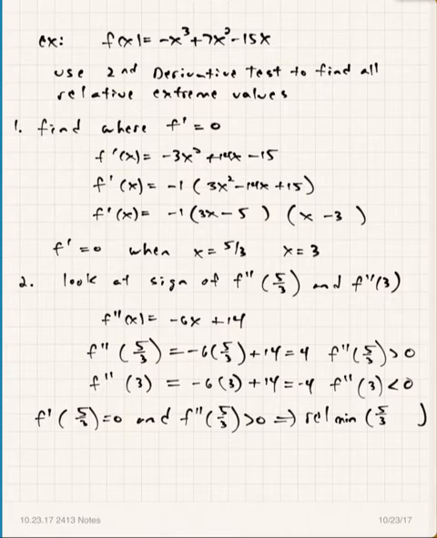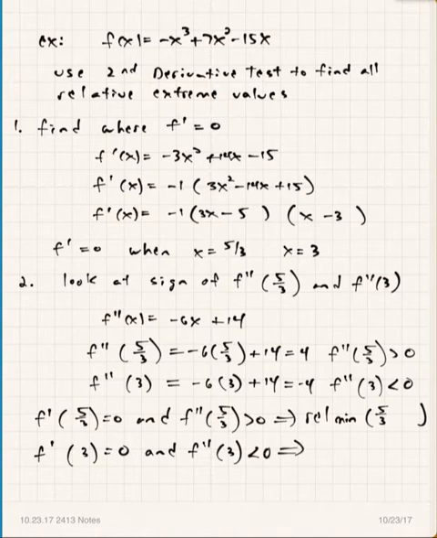So if you think about the way the graph has to be shaped, you would have to have a relative minimum there at 5/3. And then f prime at 3 is equal to 0, and the second derivative at 3 is negative. So this is a function where you have a horizontal tangent line, but the function's concave down. So the only conclusion there is that you have a relative maximum, and that relative maximum would be at 3.